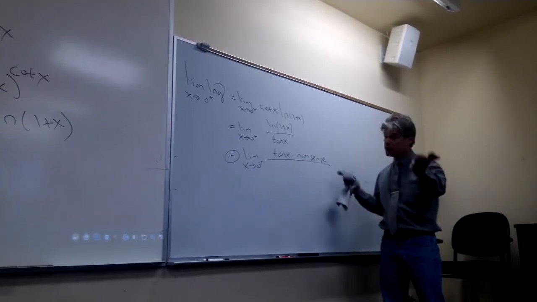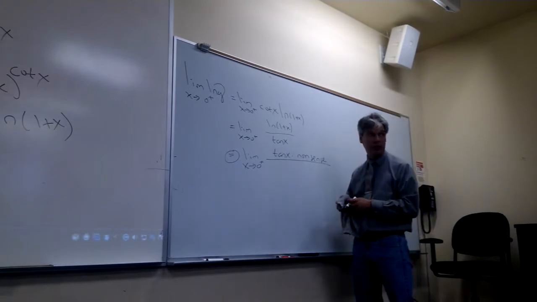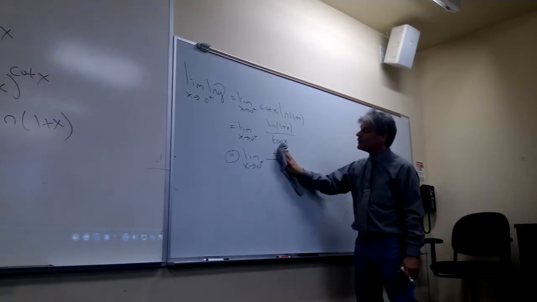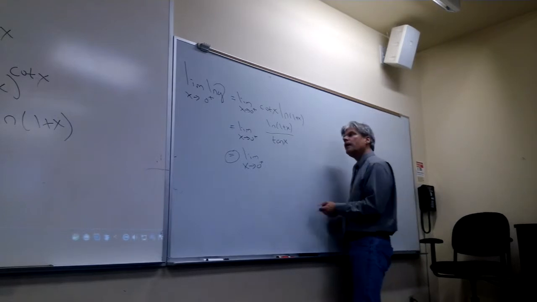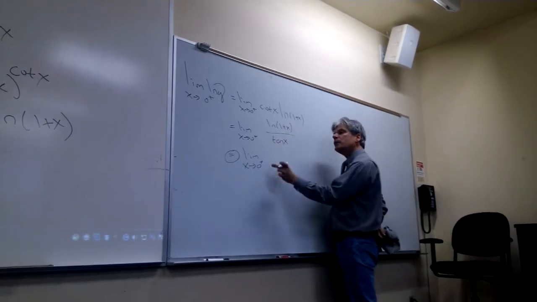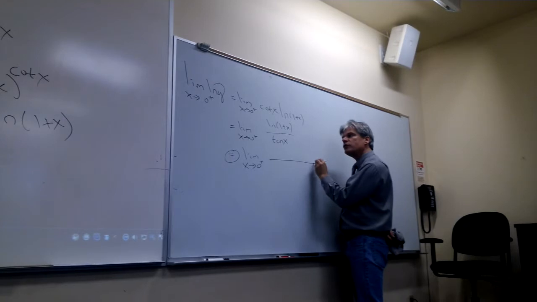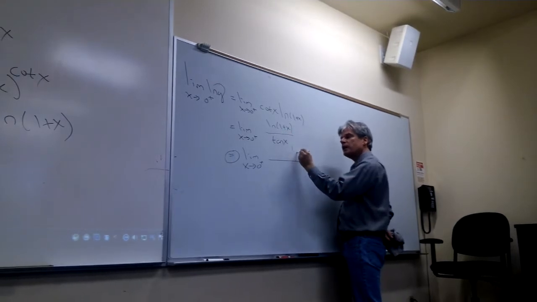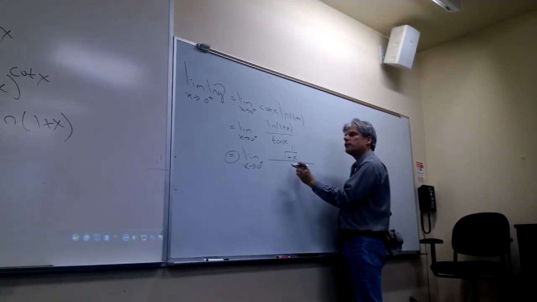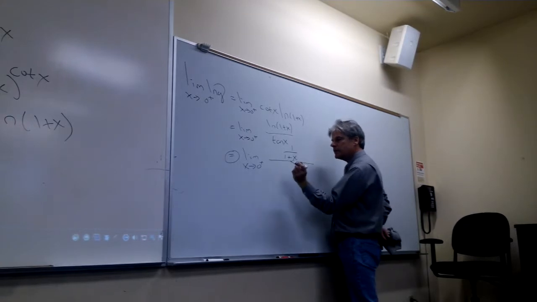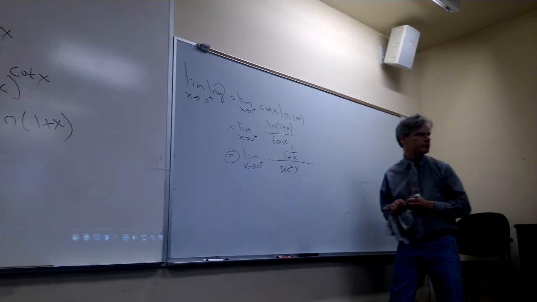On the contrary, L'Hopital's rule says the limit of this beast is equal to the limit of the ratio of the derivative upstairs to the derivative downstairs, secant squared of x. Is that okay?